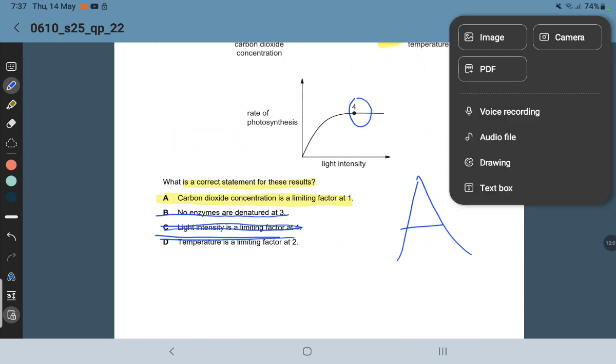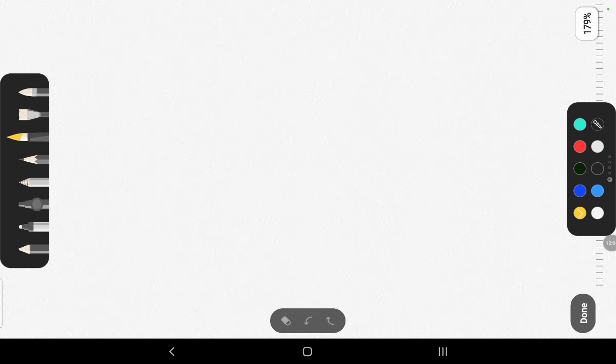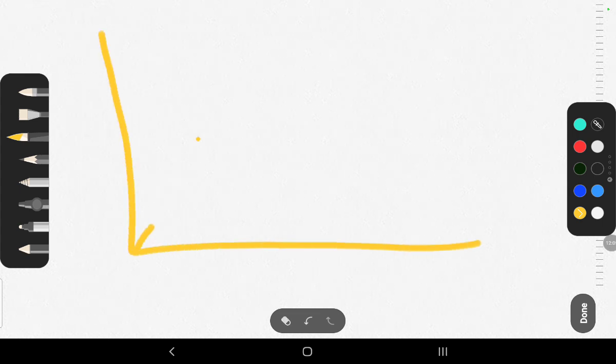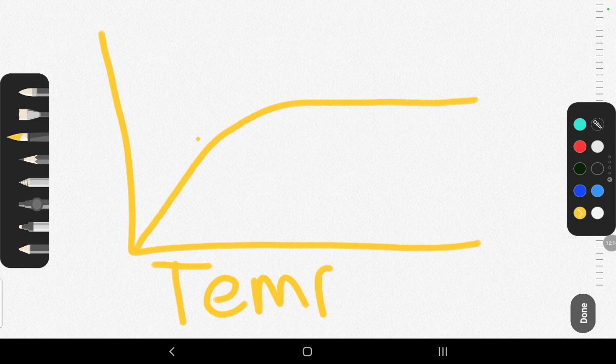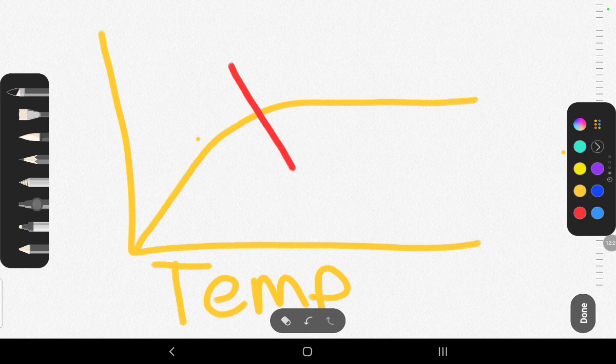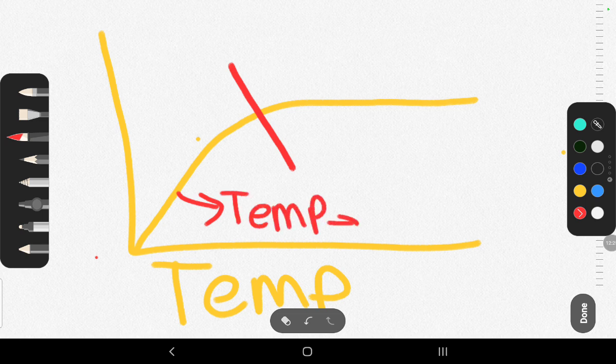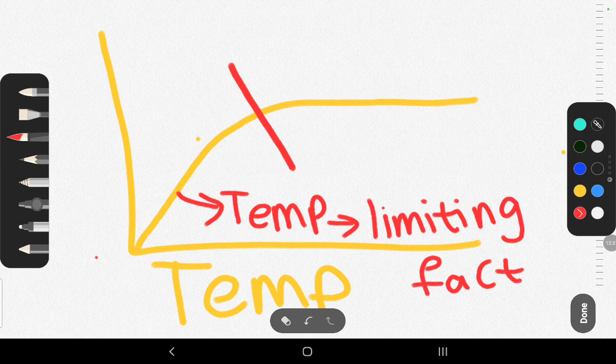Let me put an illustration for you to understand it. Imagine I have my graph, and here I have temperature. From here until this part, temperature is a limiting factor.